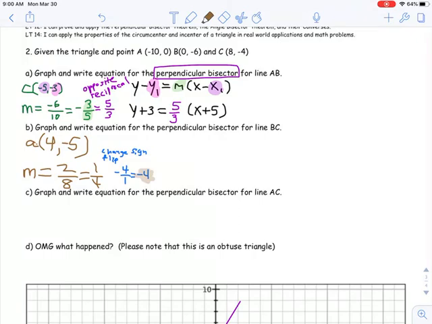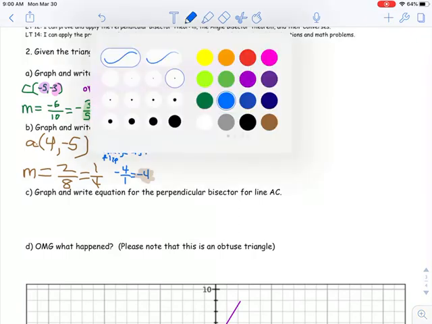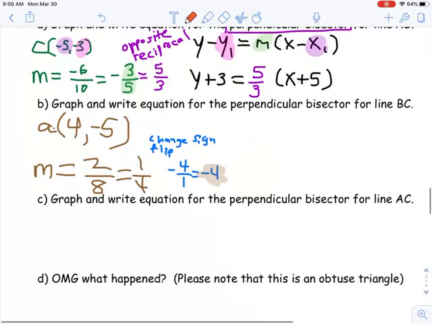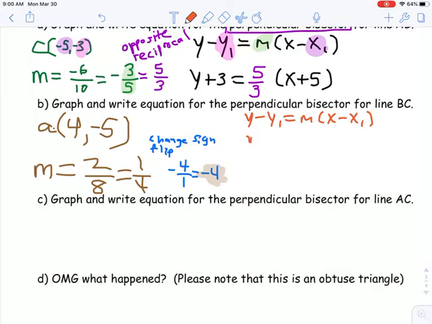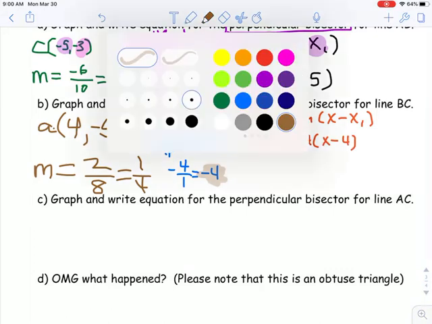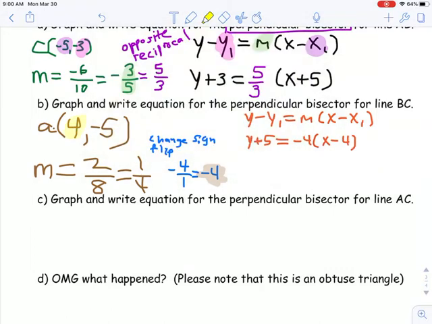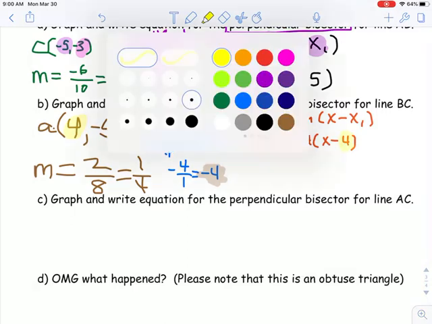Alright, I almost forgot to do that last time. That would have been super embarrassing. You guys are probably laughing at me while you're watching this video. Alright, so here's our good friend point slope form. It's going to be y plus 5 now, because you changed the sign, equals -4 times x minus 4. And just to emphasize things, this 4 right here, when I plug it in, it's a -4, because we're changing the signs.